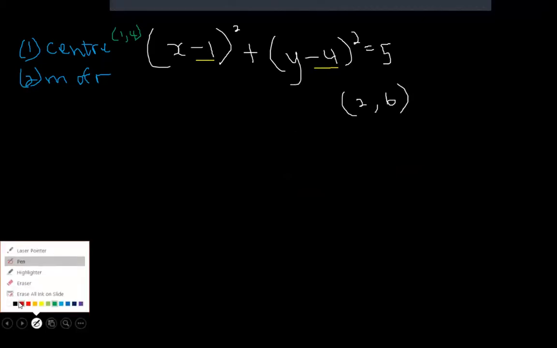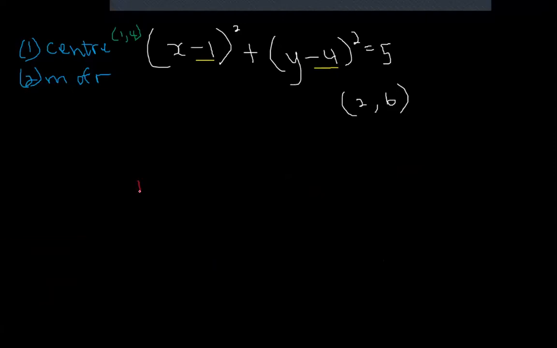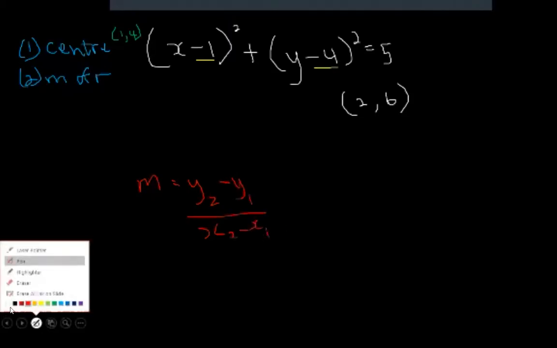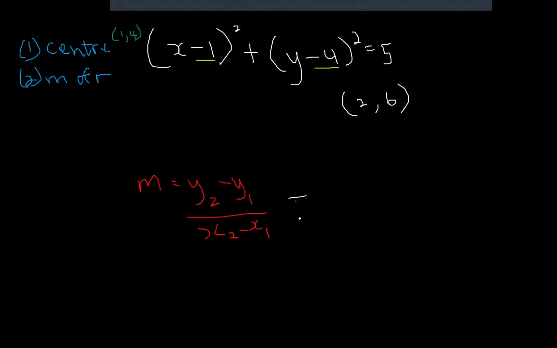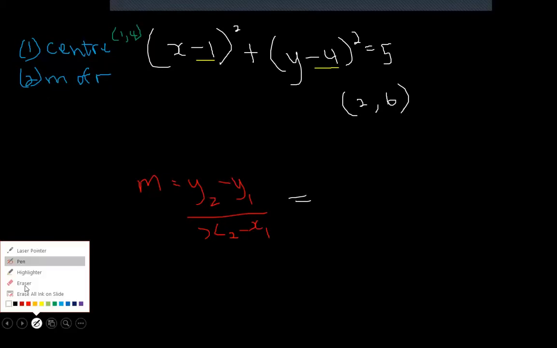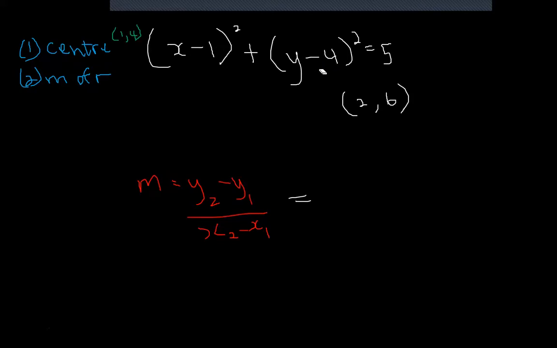We know to find the gradient, we use this formula. So m, which also means the gradient, is equal to y2 minus y1 divided by x2 minus x1. To find the gradient of the radius, let me just draw the radius.